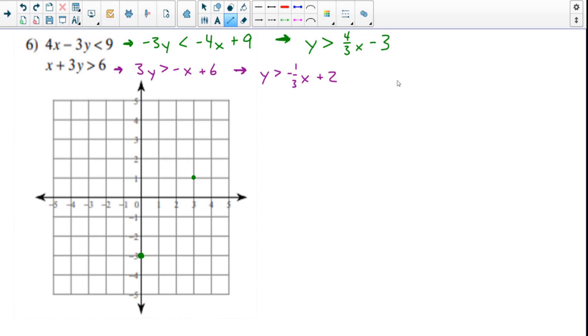It's dashed because it doesn't include the line. It's just saying y is greater than this line. So as I go to connect these dots, I'm just going to use a dashed line. All right, and then I'm shading here, y is greater than this, so I'm shading everything that's greater, shading up from here, greater, greater, greater.